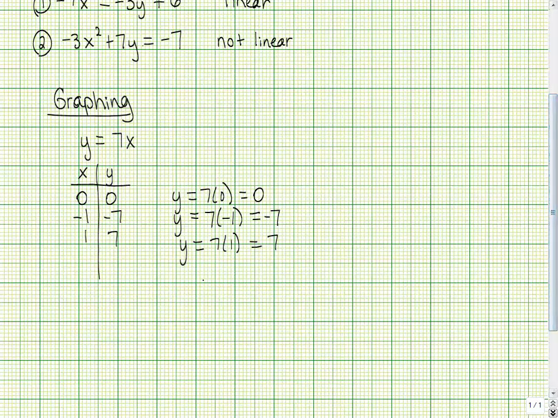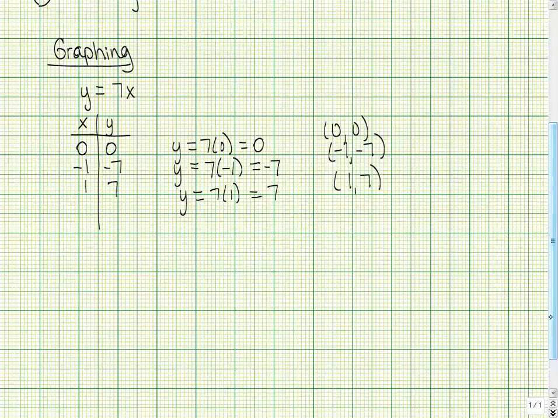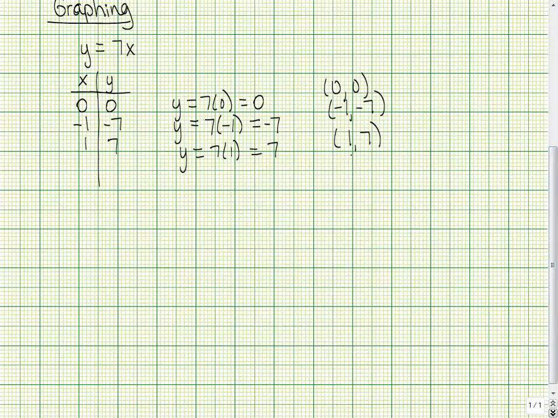So if we plot the ordered pair 0, 0, the ordered pair negative 1, negative 7, and the ordered pair 1, 7 on our graph and draw the straight line that goes through those 3 points, then that is the graph of this equation. So let's do that.